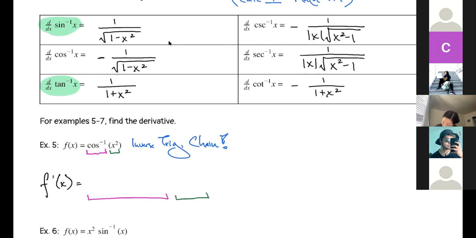And let's see. I know that the green part is going to be 2x, right? What do we think the derivative of the pink part is going to be?